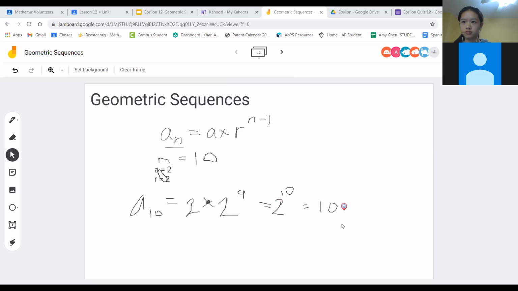Is there an easier way to solve for the exponents rather than just multiplying it out like 10 times? I mean, you could just do it on a calculator. As far as calculating it, actually, you should know all your powers of 2 up to like 15. Like up to 10 is fine. But you should be able to calculate this relatively easily. 2 to the power of 10. Normally geometric sequences can get really big really quickly, so normally you would get a calculator.